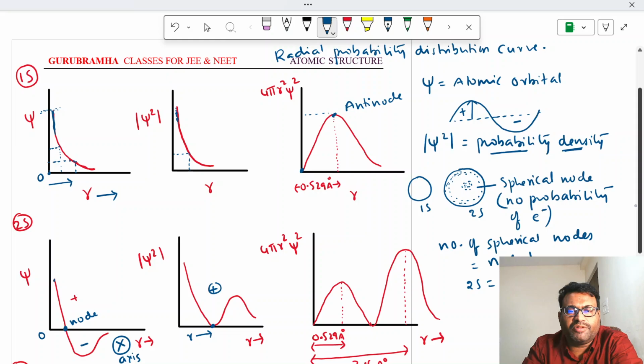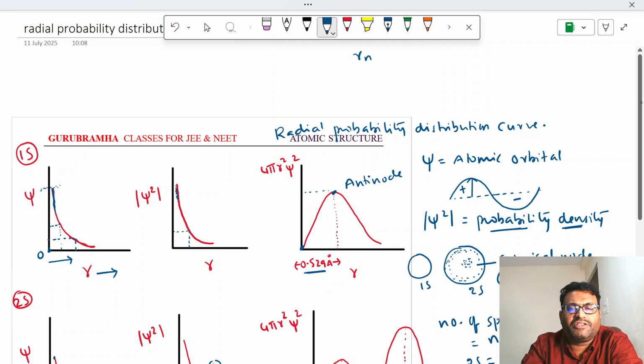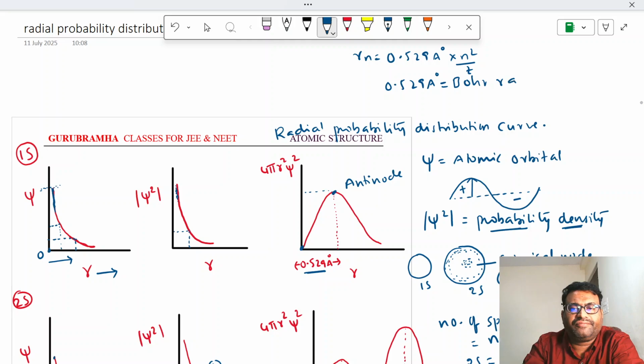At what distance from the nucleus will there be the maximum peak of this curve? At 0.529 angstrom units. This we have already studied. Radius of the nth orbit is equal to 0.529 angstrom units into n square by Z, and 0.529 angstrom units is called Bohr's radius.